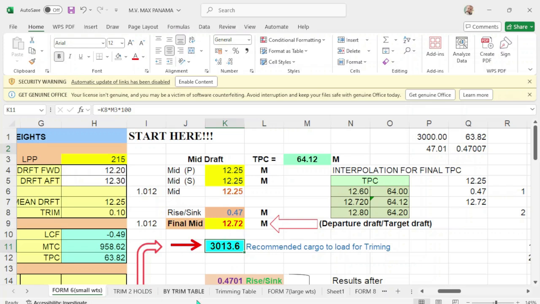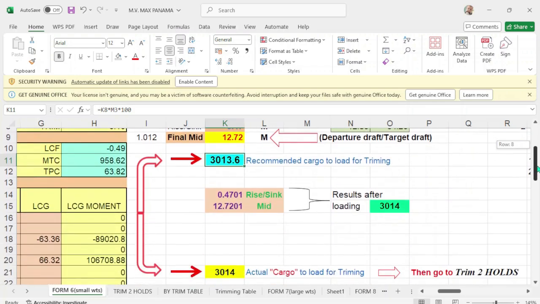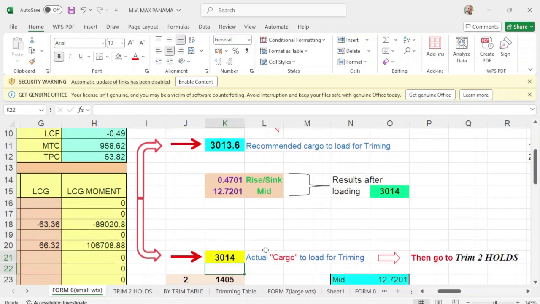So with this arrow, you go down, and in this yellow cell you put in this value, 3,014. So when you load this one, this will be 3,014.